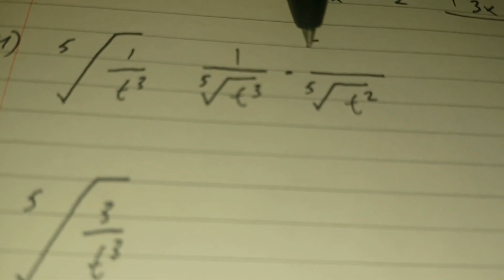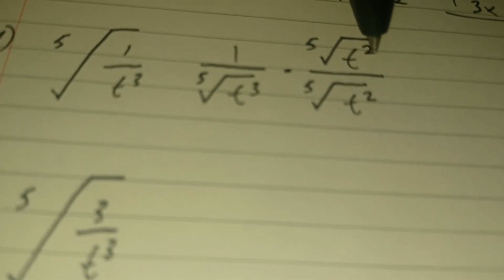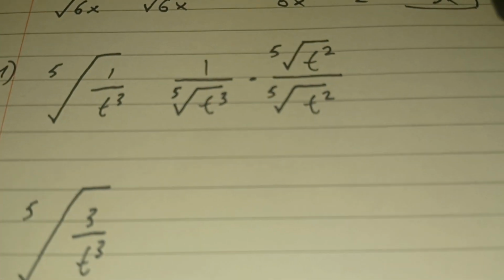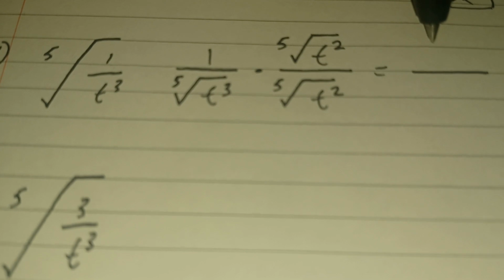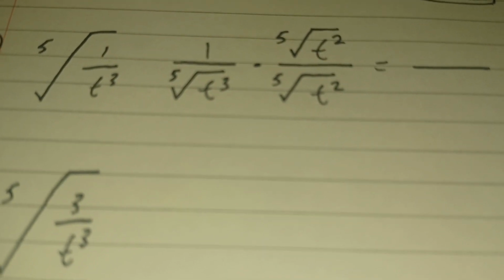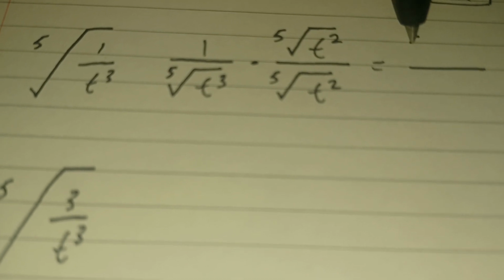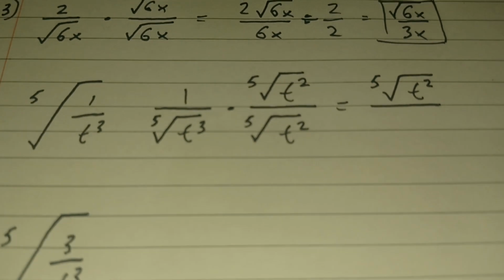Again, on the numerator, the fifth root of t to the second power. And that is going to give us 1 times the fifth root of t to the second power over t to the fifth power.